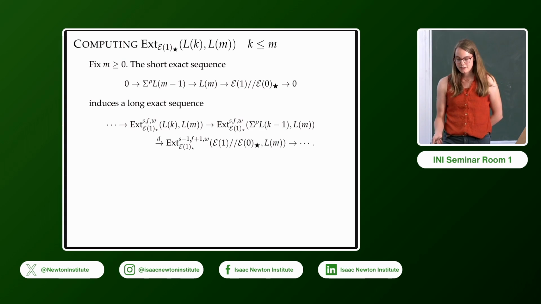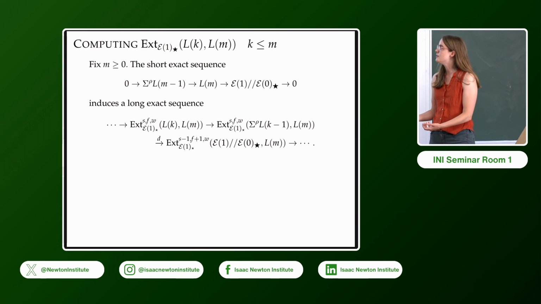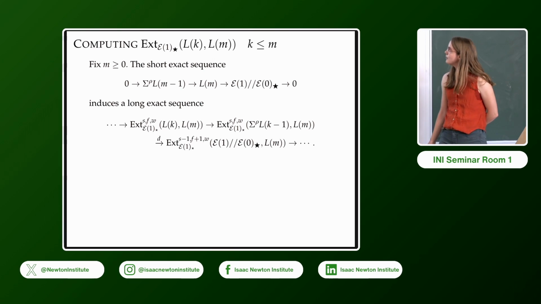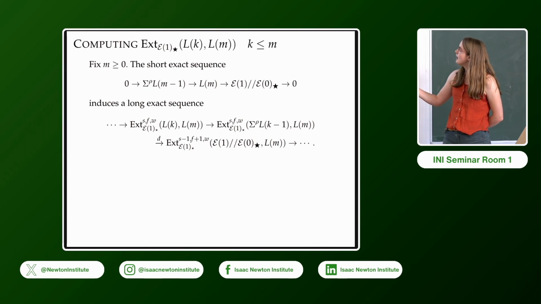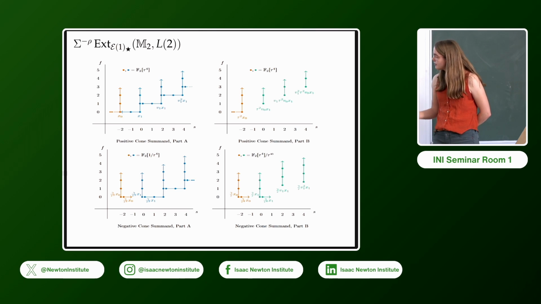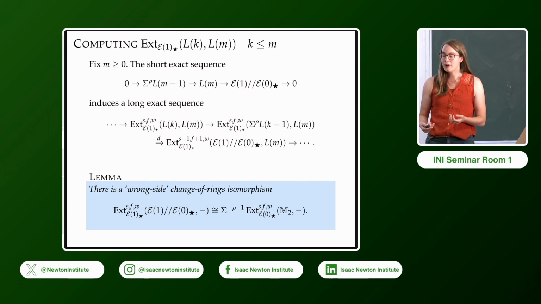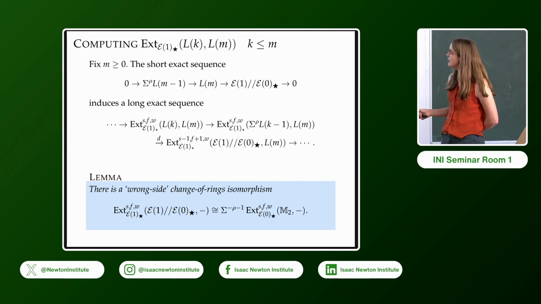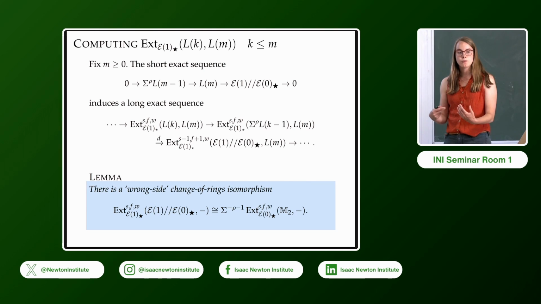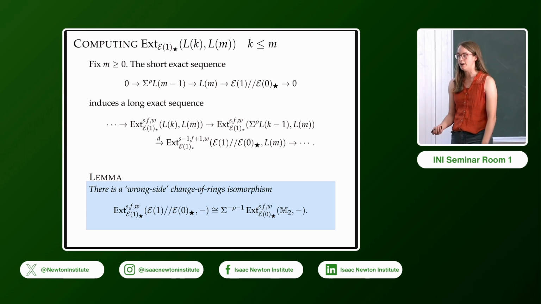And so we're going to fix m greater than 0, use the same short exact sequence to introduce a different long exact sequence. And in this long exact sequence, we have x e of 1 mod e of 0 in the first factor now. And so we'll need to use a Ronstadt way, change of rings isomorphism, that equates this x group to the minus rho minus 1 suspension of x over e of 0, which is something we already know.